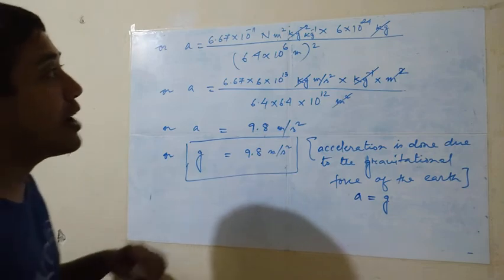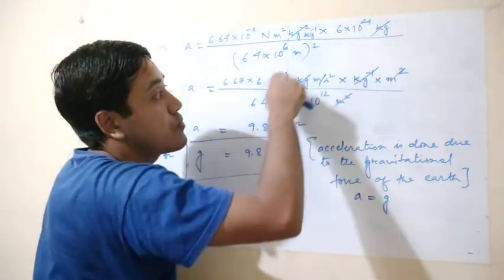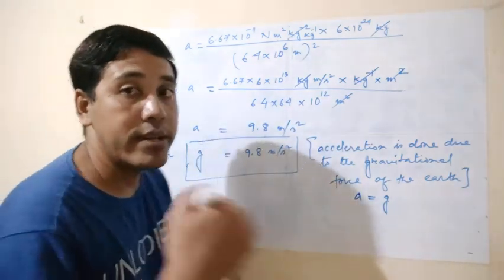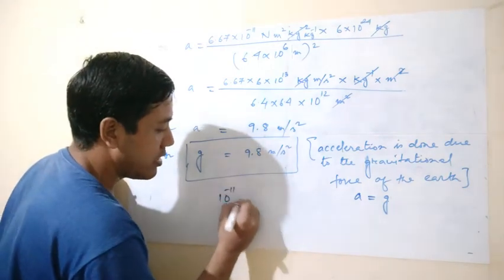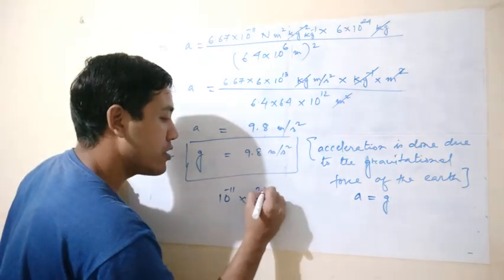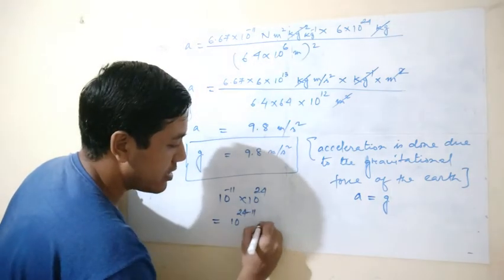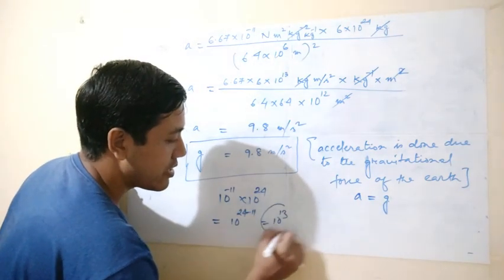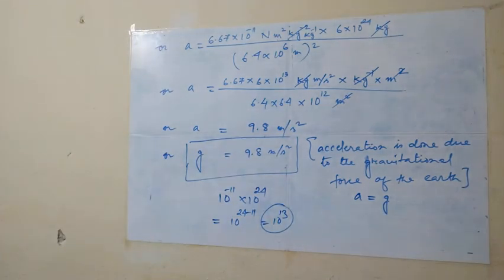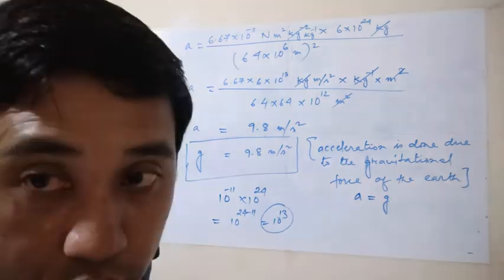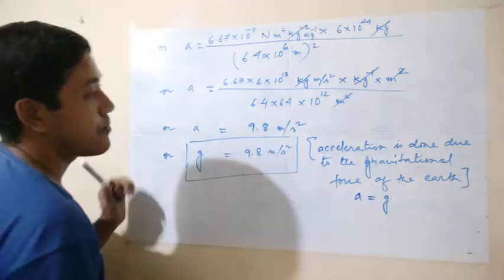And why 10 to the power minus 11 into 10 to the power 24 becomes 10 to the power 13: you already learned in maths, right? 10 to the power 24 minus 11 is equal to 10 to the power 13. You can apply this formula. Don't forget, very simple, but you need to pay some attention during this calculation.